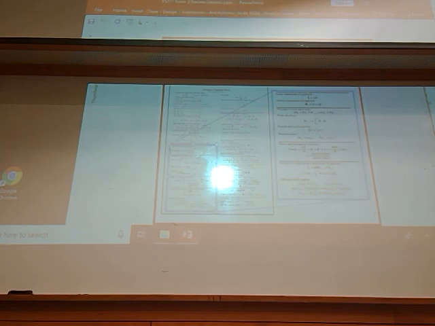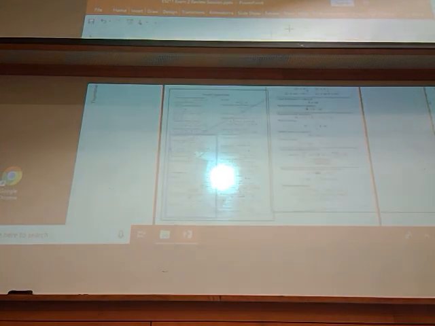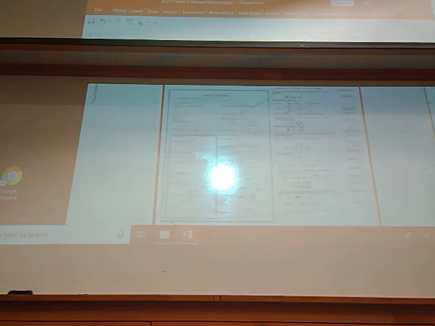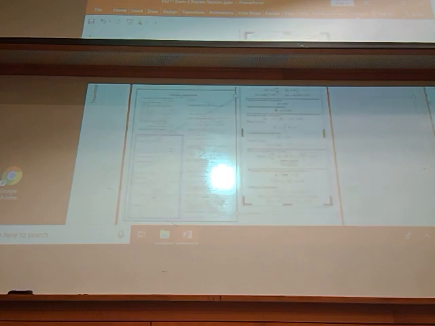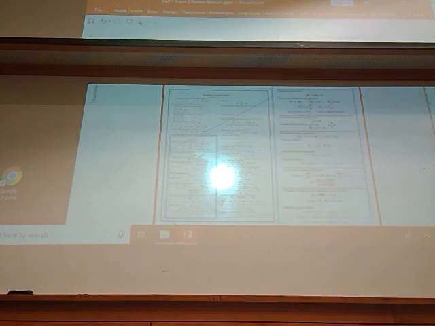I want to make sure we also have Newton's second law, because last year Newton's second law was not included on the sheet.